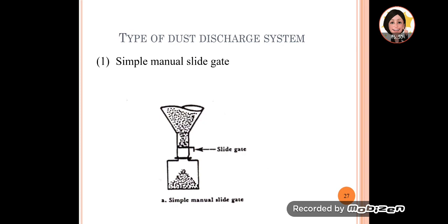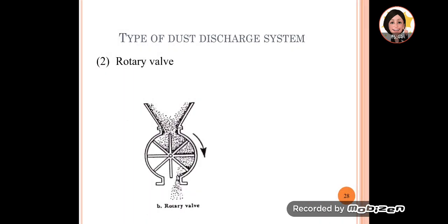Okay, and then there are also different types of discharge systems, the dipleg that we were talking about. It can just be a simple manual gate, where if you slide this gate out, the dust just drops to the collector. It can be a rotary valve, which can be a continuous discharge system.